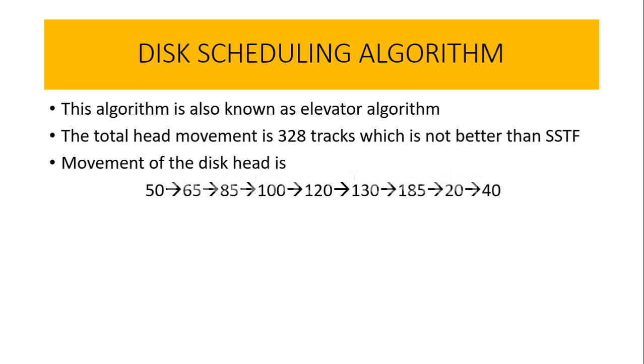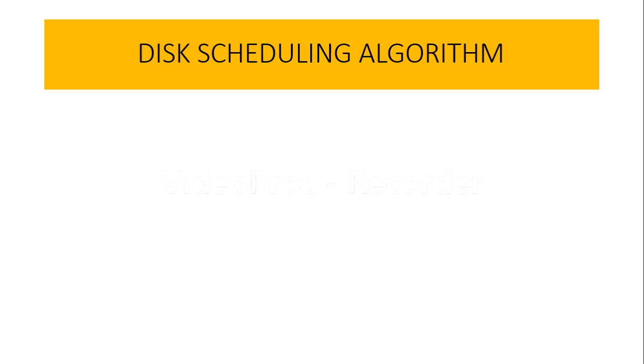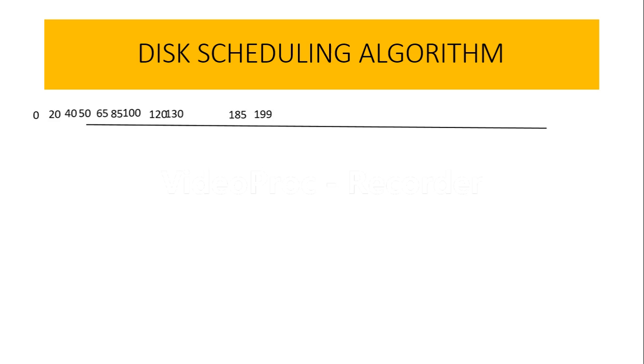I'll show you the movement of the read write head when you are using the scan algorithm. So let us start. I'll just give the track numbers first. These are the track numbers, and we are considering the initial position of the read write head to be at track number 50. Starting from 50, we will start reading all the tracks which are on the right hand side of track number 50.